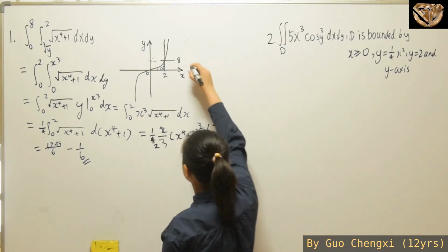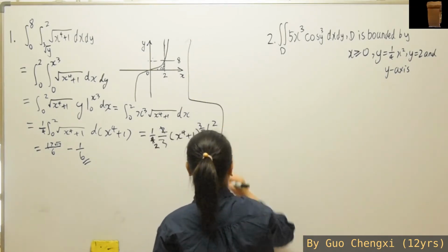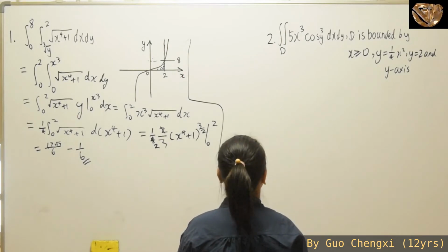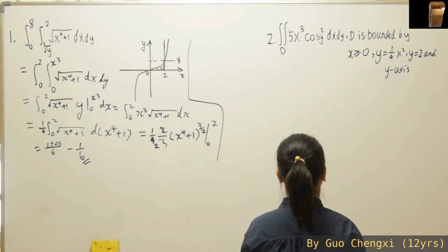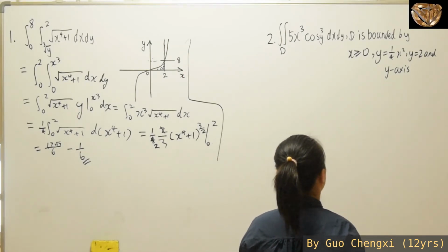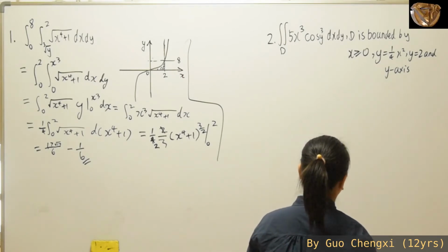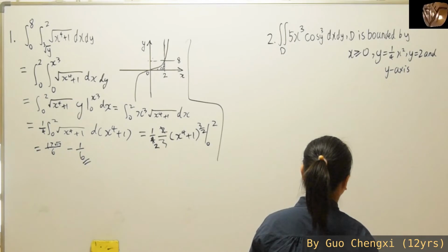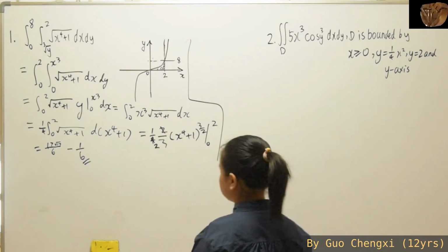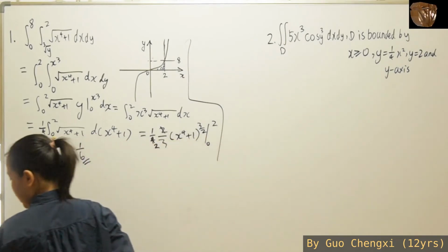And now moving on to the next example, what we'll have here is the double integral over D of 5x cubed cosine y cubed dx dy. D is bounded by x bigger than or equal to 0, y equals 1 over 4 x squared, y equals 2, and the y-axis.